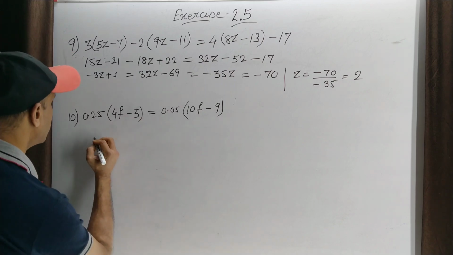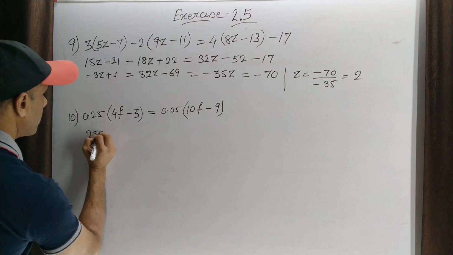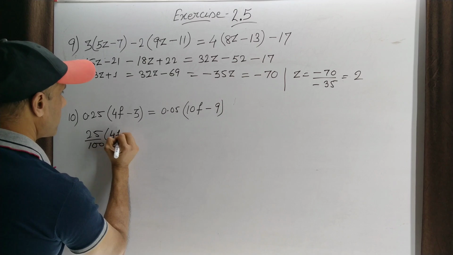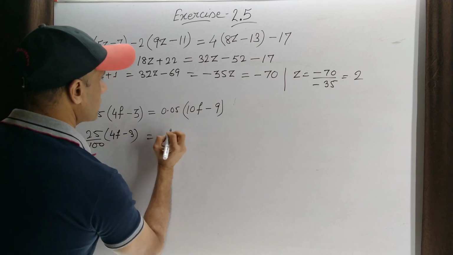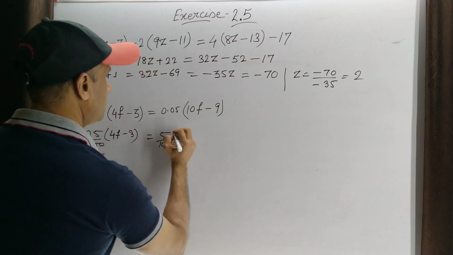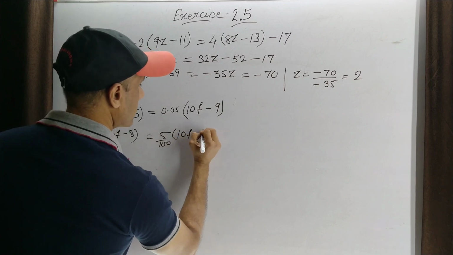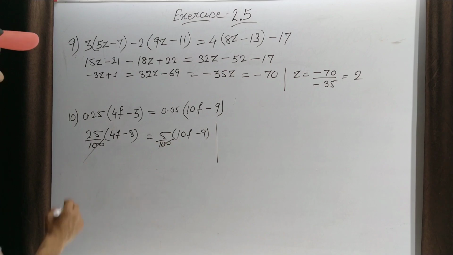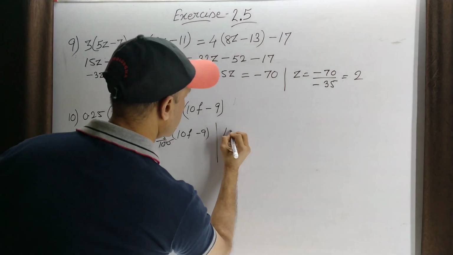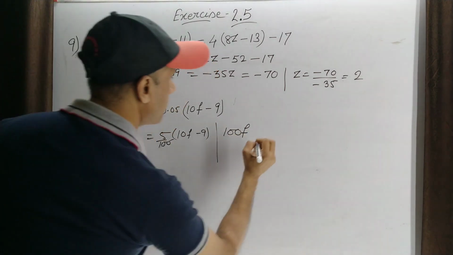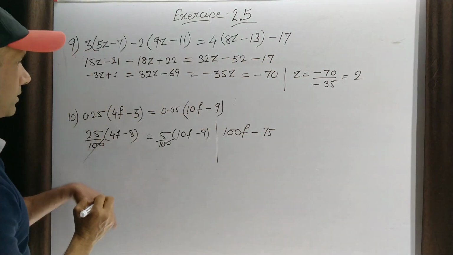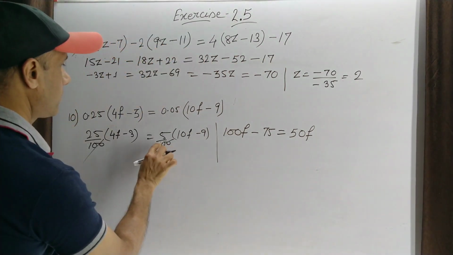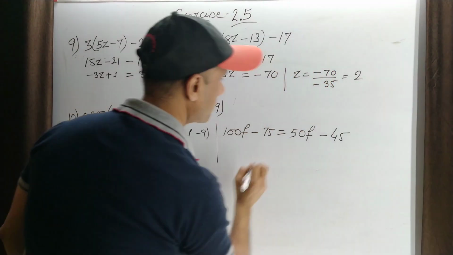This question can be written as 25 by 100 into 4f minus 3 is equal to 5 by 100 into 10f minus 9. So 100 gets cancelled here, and we open the brackets as 100f minus 75 is equal to 50f minus 45.